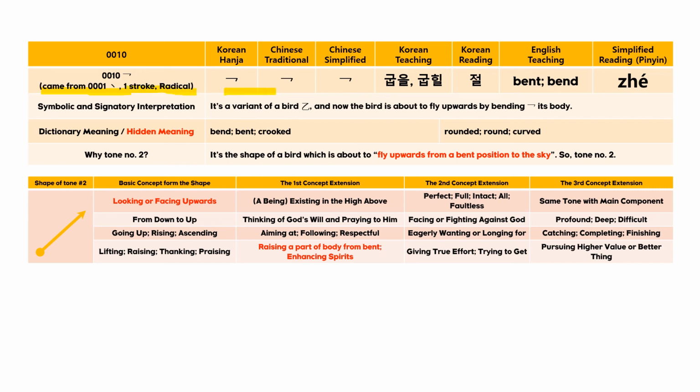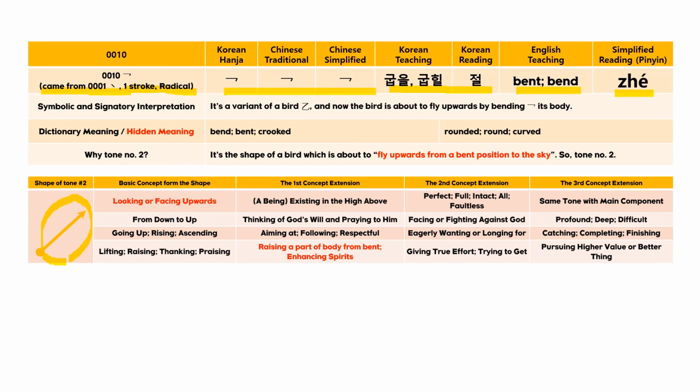The same in Korean Hanja and Chinese traditional and Chinese simplified. 구불절, 구필절 in Korean language. In English, bend or to bend. The pronunciation, tone number 2, just like this. Looking at the shape of the tone number 2.